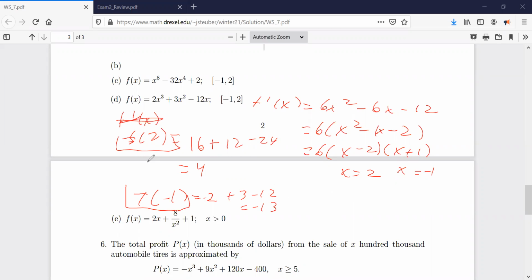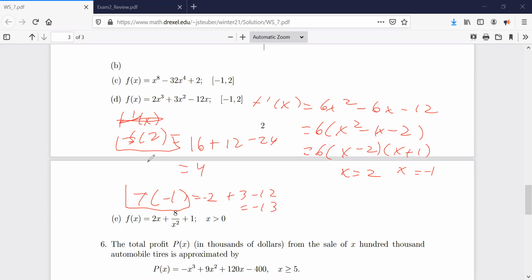If there were a third point in this interval that was a distinct critical point, then you would just plug all of those points into your f value, and whatever is the highest f value is going to be your absolute max in your bound, and whatever your lowest one is, is going to be your absolute min within your bounds.